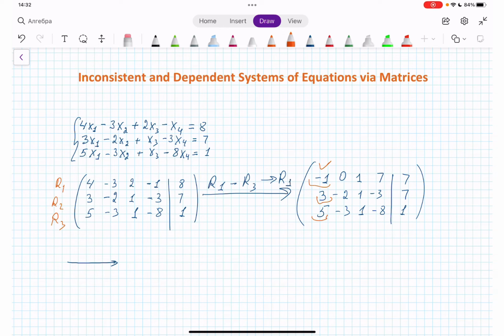Wherever we have a leading coefficient, that row we use to get 0 in the same column.